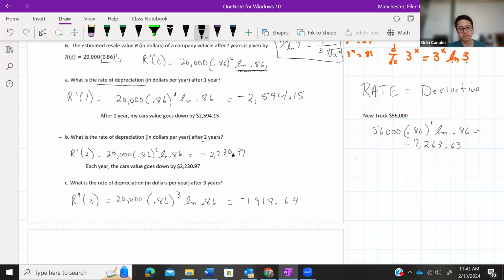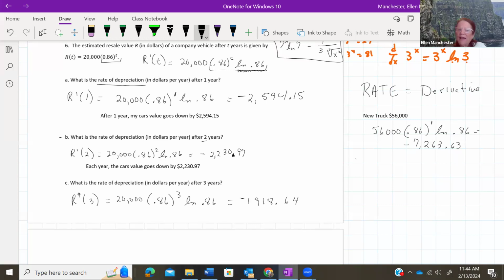Okay. So again, do you see how it even drops even more? Here, it dropped 364. Now it's dropping by, what is that? 2230.97 minus 1918.64, by 312.